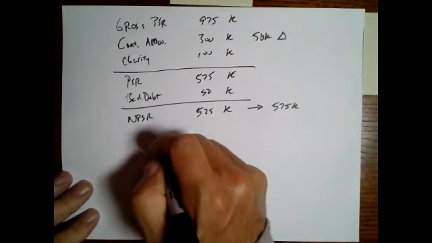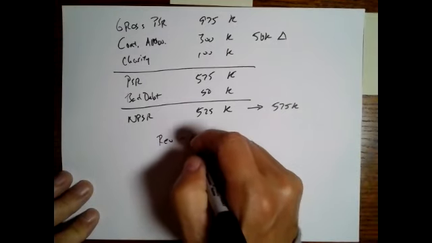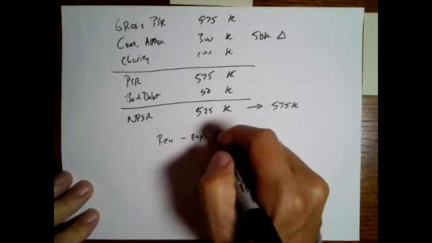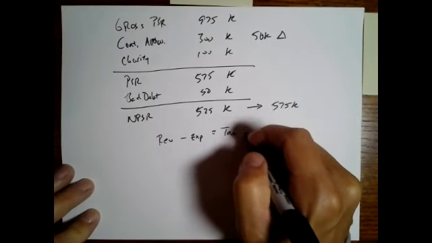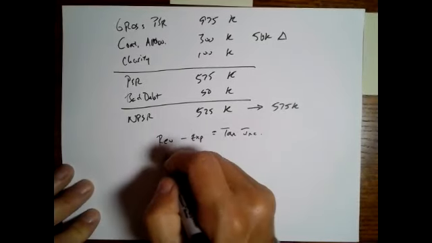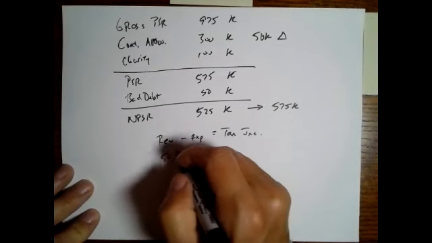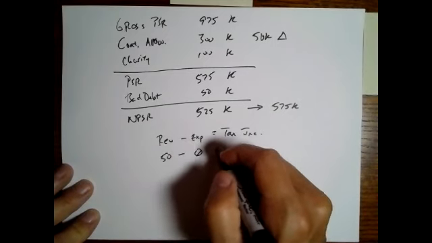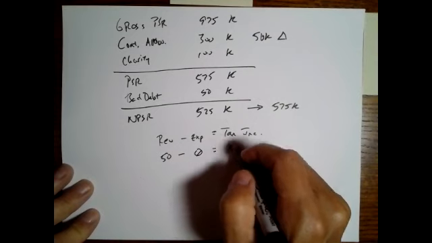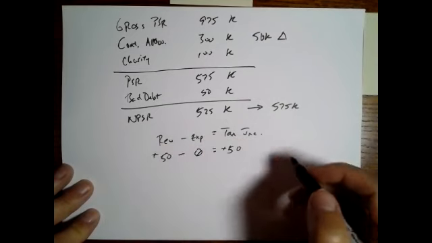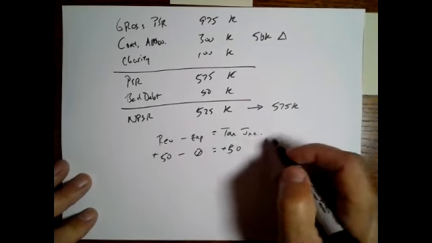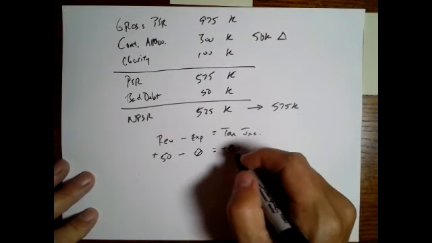So if revenue minus expenses equals taxable income, and we are up by 50 and other expenses stay the same, then we have 50,000 more in taxable income.